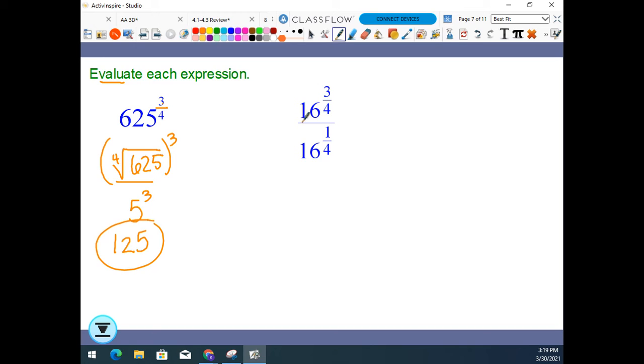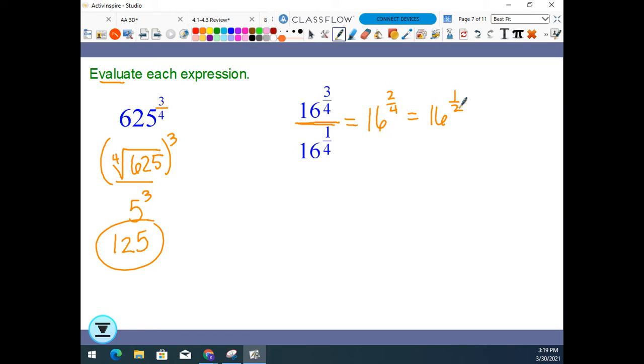In this one, we are dividing bases that are the same. So I want to combine my two bases into one. Since I'm dividing bases, I'm going to subtract the exponents. 3/4 minus 1/4 is 2/4. But 2/4 can be simplified to 1/2.